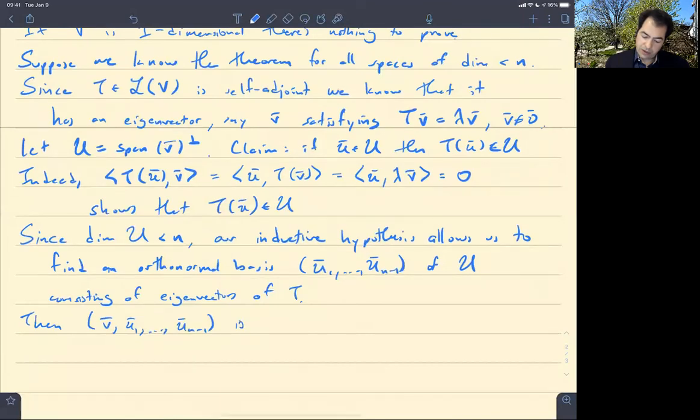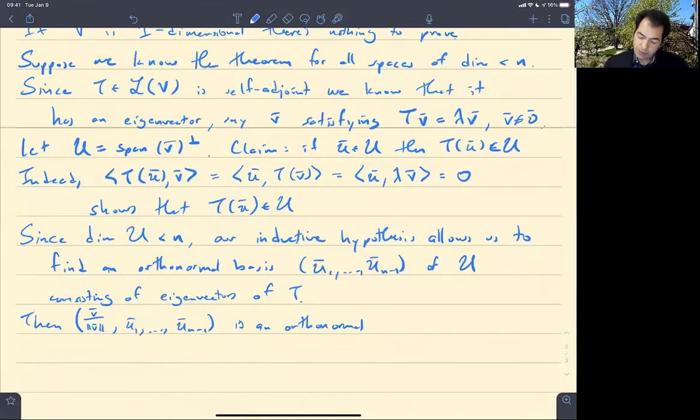Sorry, let me change that. Let's take v divided by the length of v, because I never said that v was a unit vector. So let's make it a unit vector.